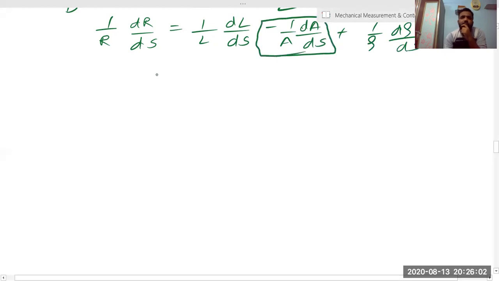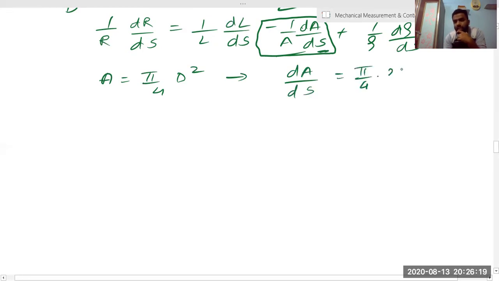We know that A is equal to pi by 4 d square. Now I know that there is something like dA by dS, so I'll take the derivative of A with respect to stress. Pi by 4 is constant, and d square's derivative is 2d into dd by dS, right?